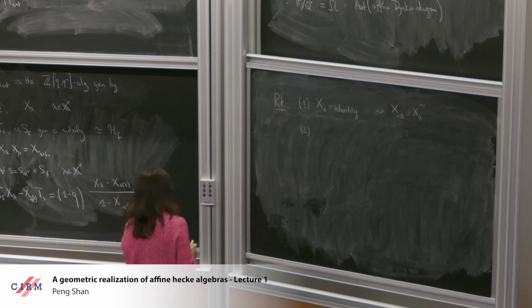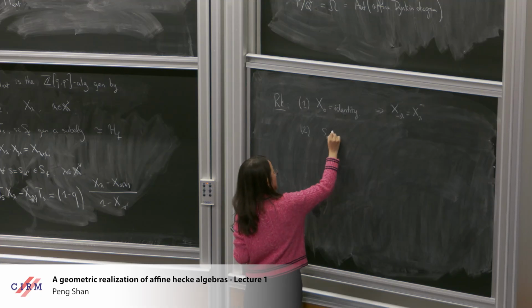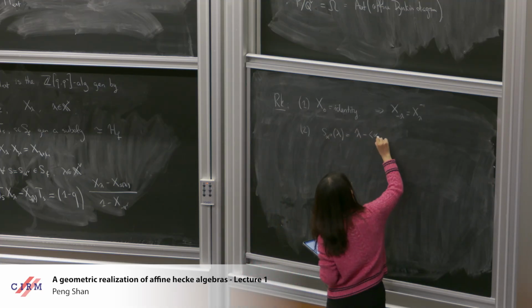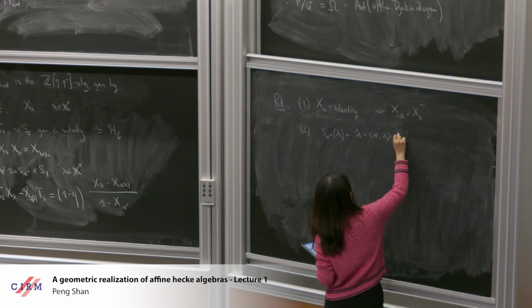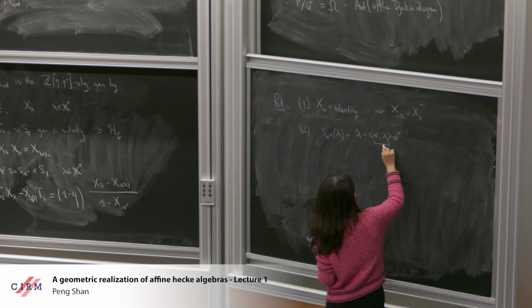Okay, so what does this mean, to quotient by this? Recall that if you do s alpha check of lambda, this is lambda minus alpha lambda of alpha check, where this is an integer.